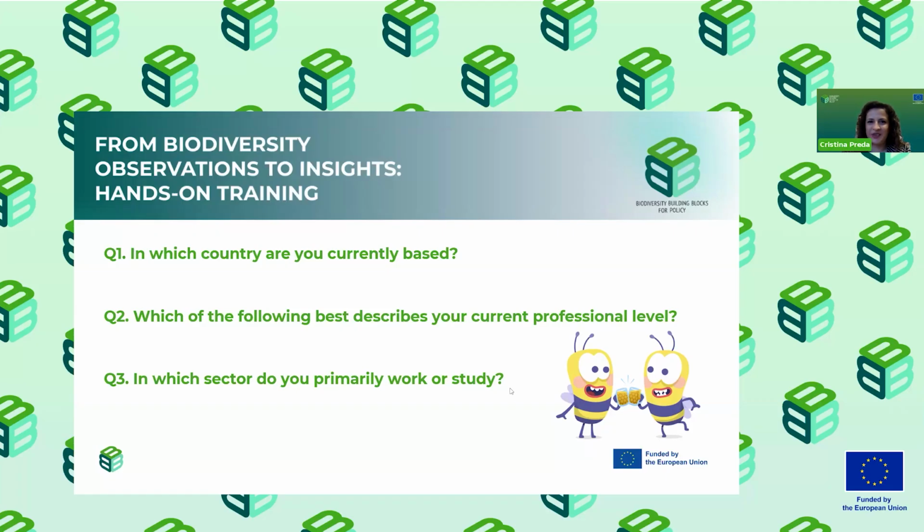I see that results are starting to come in. I think we have a good spatial coverage as well. For the moment, I'm not able to see the answers to the first question, but I think I will get them at the end of the session. However, I can already see the current stage in the careers of the participants.